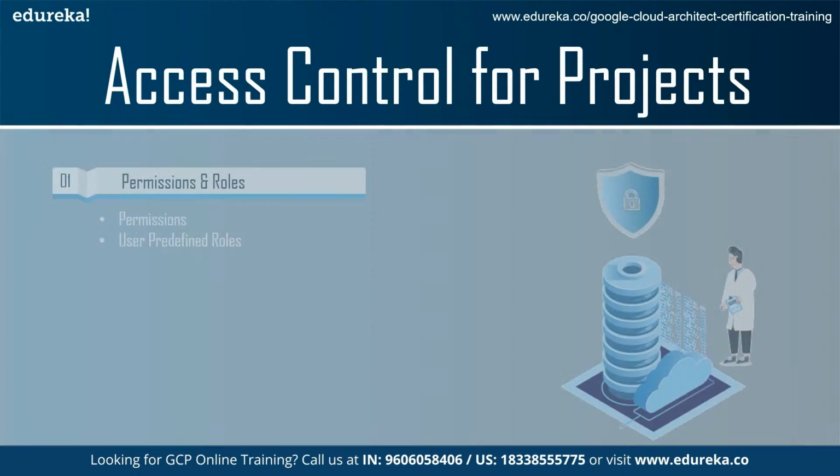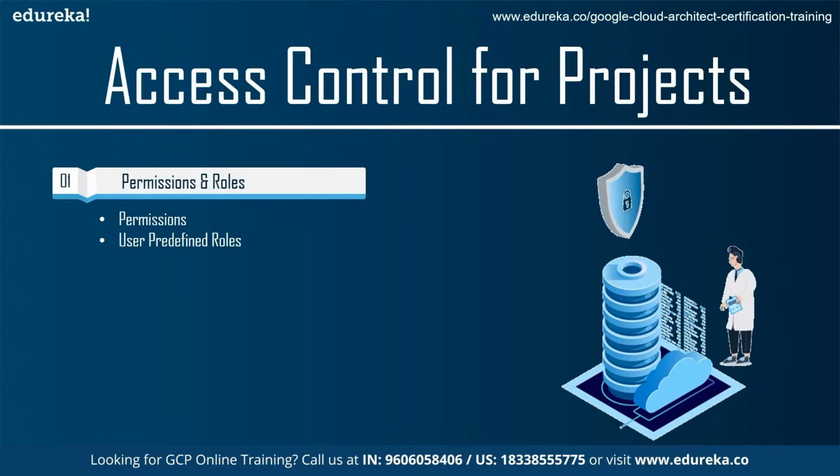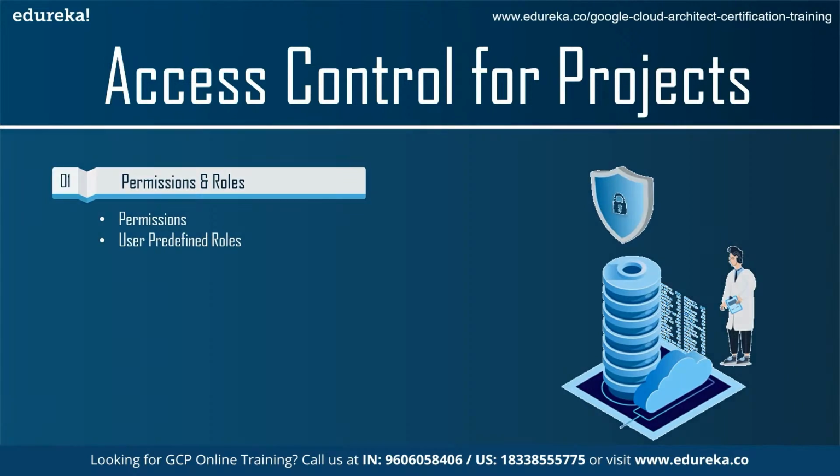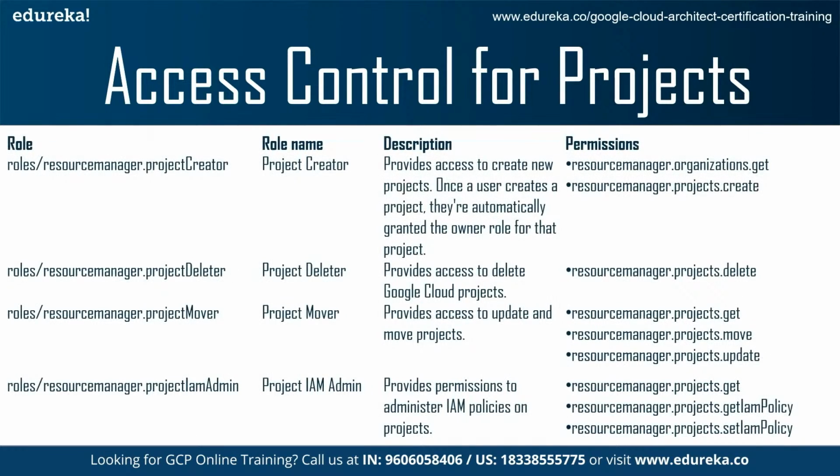Then there are predefined roles as well. IAM predefined roles allow you to carefully manage the set of permissions that your users have access to. The following table lists the predefined roles that you can use to grant access to a project. Each role includes a description of what the role does and the permissions included in that role. So you can see the role and the name for it, then also the description.